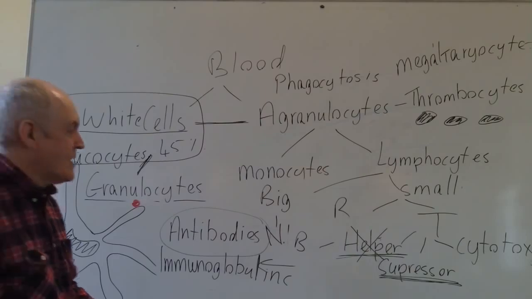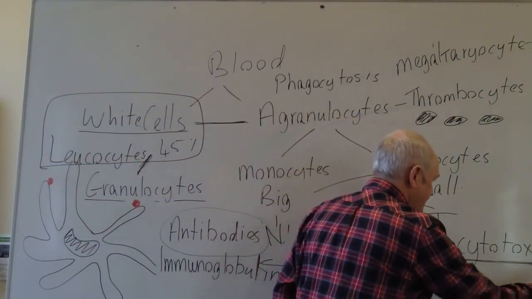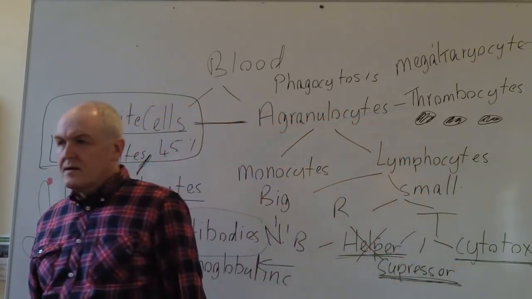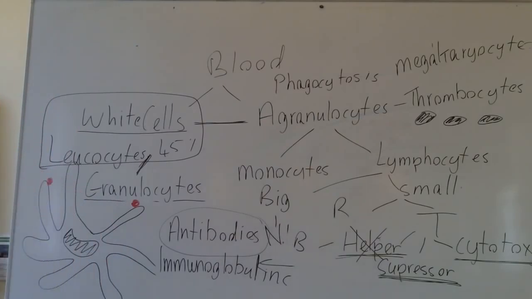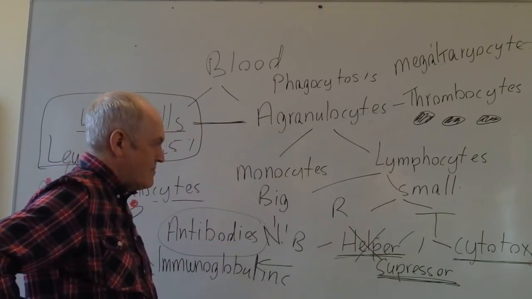And the last sort are the cytotoxic lymphocytes. And they can kill cancer cells. The cytotoxic cells can kill cancer cells. As indeed sometimes can the natural killer cells, probably.